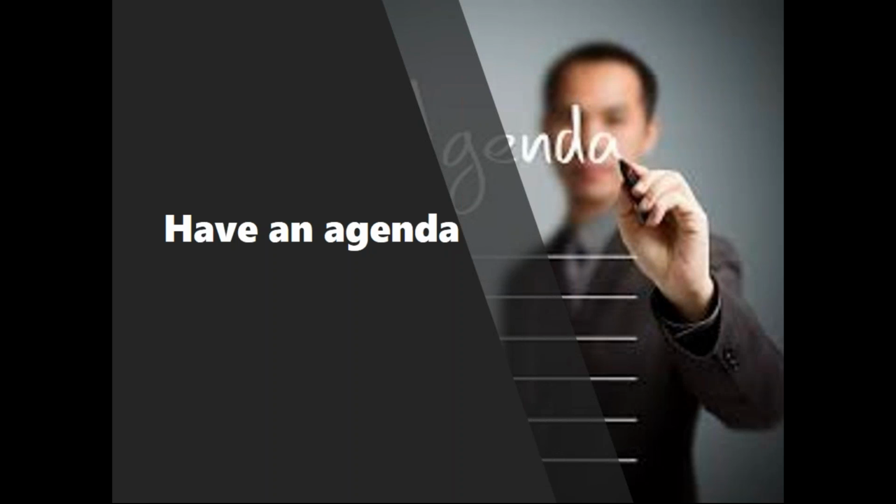This means that if the meeting has to finish on time, which it should, and you've only got up to agenda item number 4 and you've got 5 and 6 still to discuss, you can carry over items 5 and 6 to the next meeting. It just seems like common sense, but because they're not critically important to the meeting, they can be addressed at another meeting.